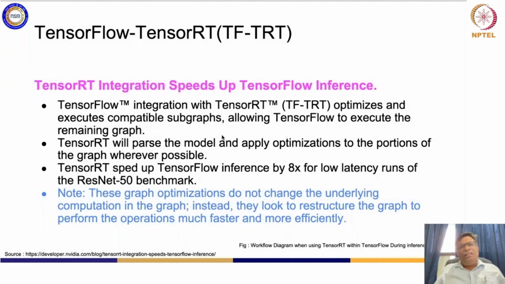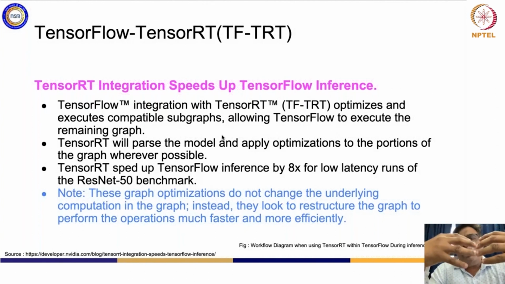So technically speaking, TensorFlow-TensorRT speeds up your inferencing by 8x on ResNet-50 benchmarks, right? So there are certain things wherein you can see that graph optimizations do not change the underlying computations in the graph. So that's very, very important. See, your computations won't change, okay, but the graph will be optimized.